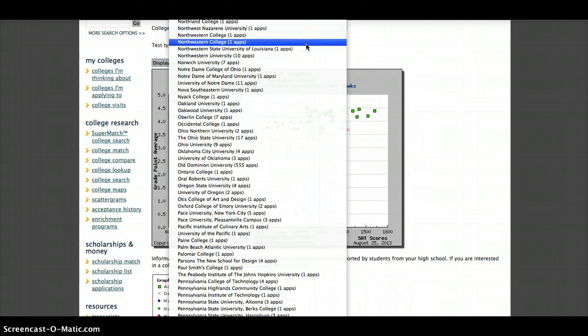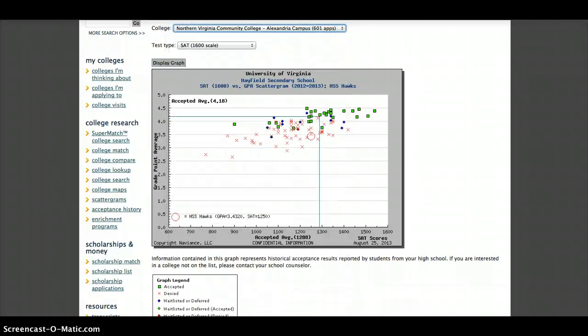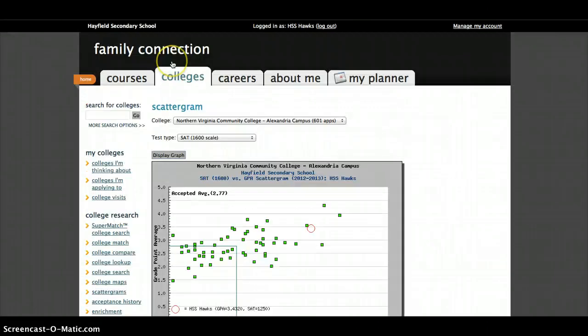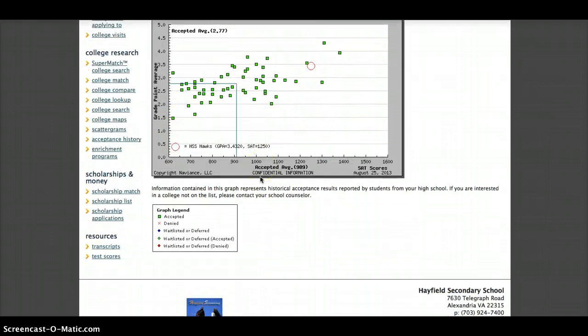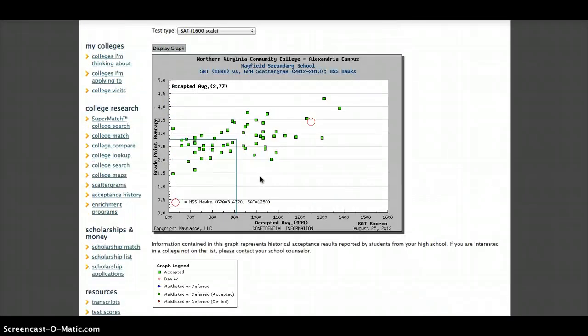Let's try Nova. And you see that Mr. Hayfield Hawk, this is definitely a Plan B school for him. He is way above the norm. Now, Nova, as you probably know, admits anyone who graduates from high school. There is no such thing as being denied or waitlisted at Nova. So Nova is a great Plan B for everyone.